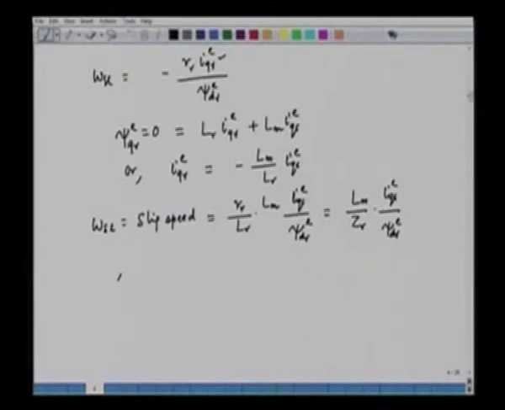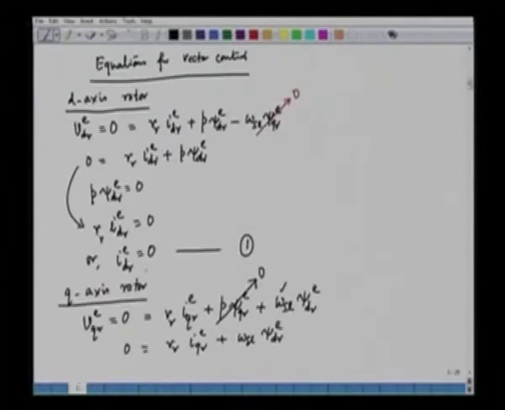Now here we can also have another simplification. We know that psi dr is equal to, as we wrote the expression for psi QR, similarly we can write for psi dr. Psi dr is LR IDR plus LM into IDS. And we have already seen that IDR equal to 0.